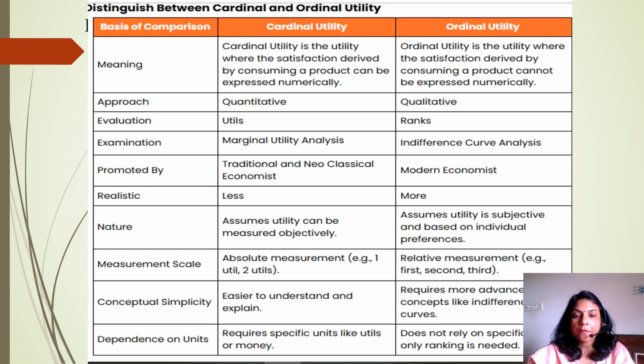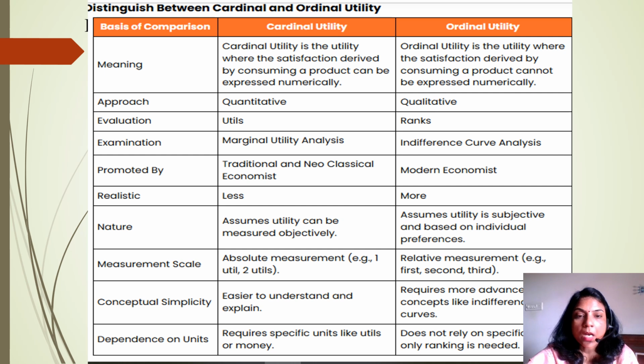Now, what are the differences between cardinal and ordinal utility? Meaning just now I have discussed. Cardinal utility is where the satisfaction derived by consuming a product can be calculated or expressed numerically. But in ordinal utility analysis, the satisfaction derived cannot be expressed in quantitative parameters or numbers.